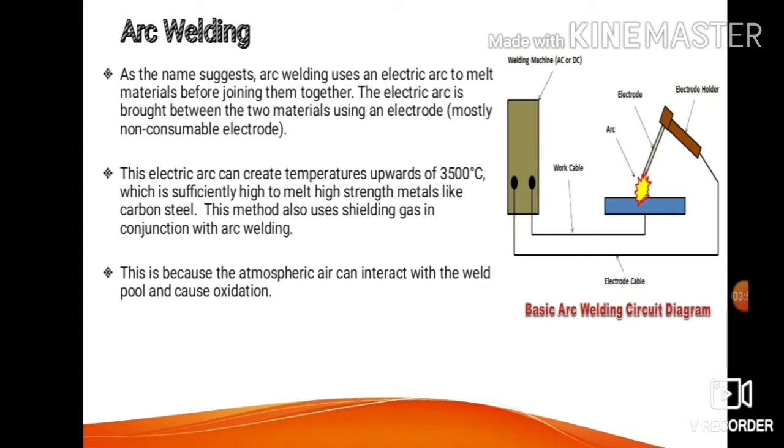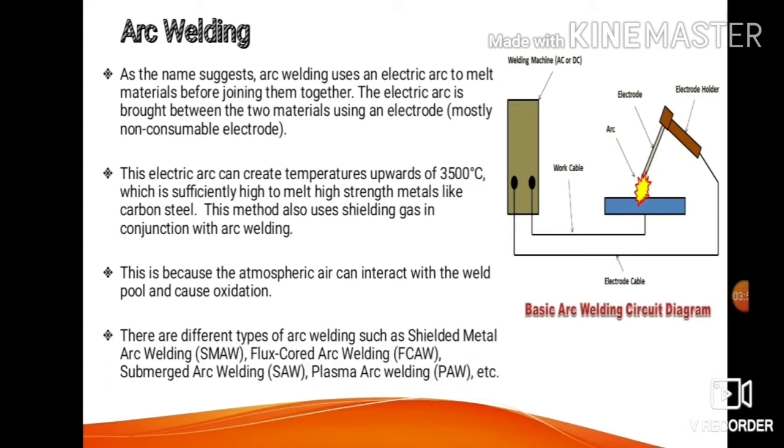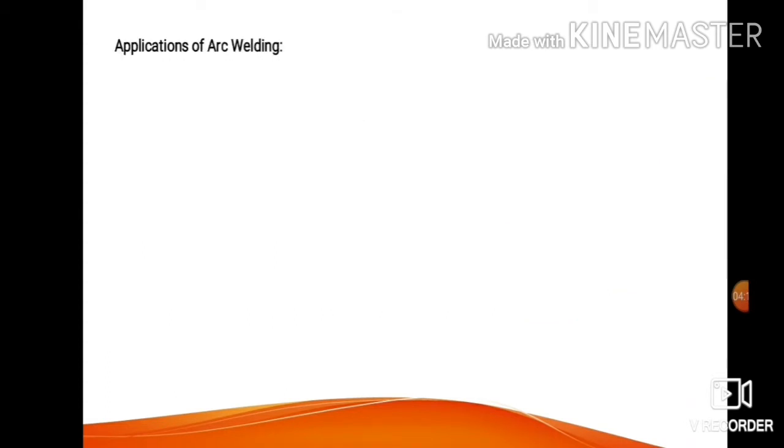So to prevent oxidation we have to use some shielding gas. There are different types of arc welding such as shielded metal arc welding, SMAW, flux cored arc welding, FCAW, submerged arc welding, SAW, plasma arc welding, PAW, etc.